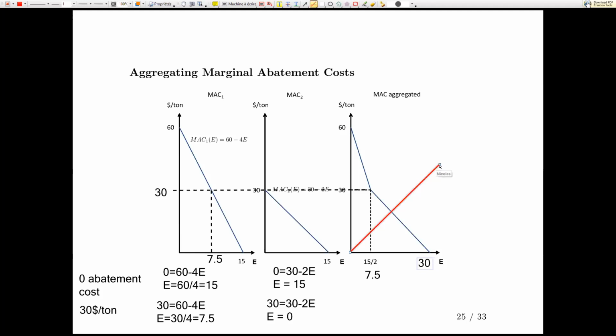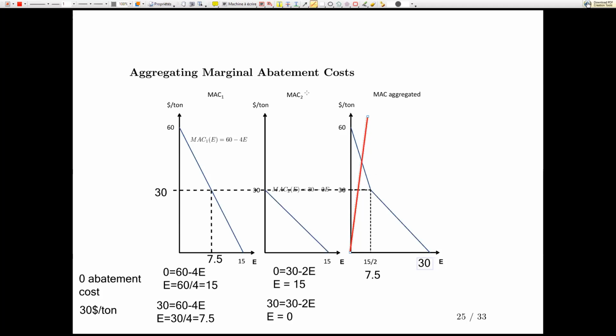And then the trick is to know whether I should use this segment of the curve, or maybe if it's a very high cost, then I'm going to have essentially firm 2 having abated everything, and I'm going to cross the segment where just firm 1 is emitting there. So if I had something like this, for instance, then I would know that probably the marginal abatement cost would be maybe 45 somehow.